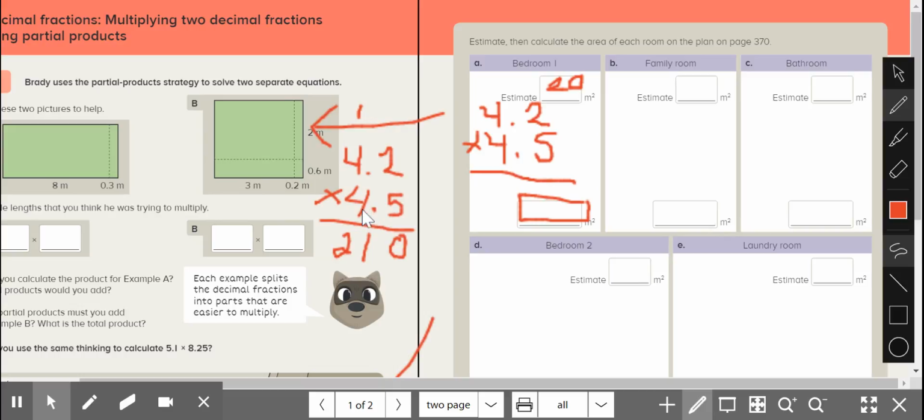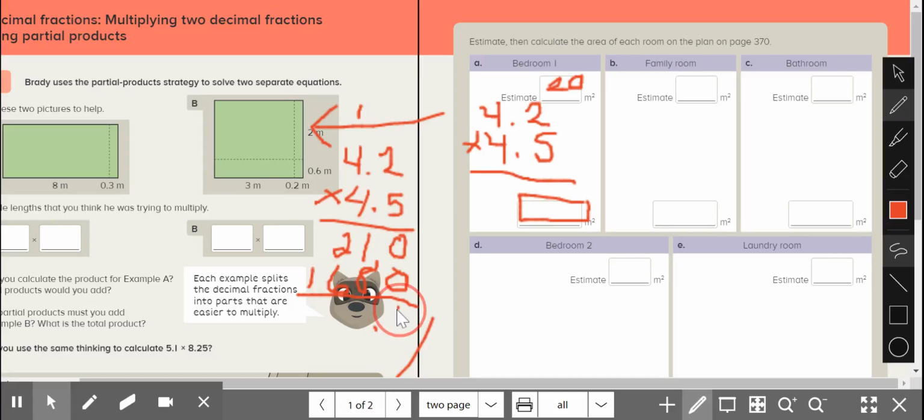Next place we have to multiply is the tens place. If we're multiplying in the tens place, we automatically put a 0 in the ones place because we're starting in what will be the tens place. So 4 times 2 gives us 8, and 4 times 4 is 16. I've got my numbers lined up the way I want them, and my decimal point I'm going to bring straight on down from here.